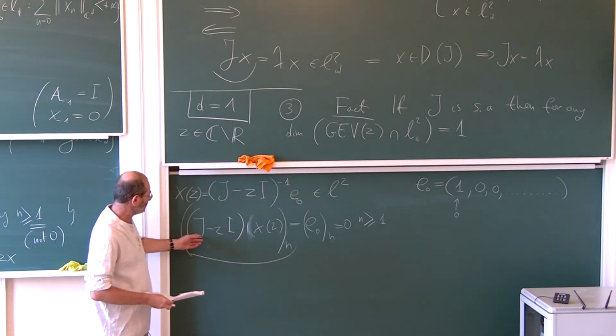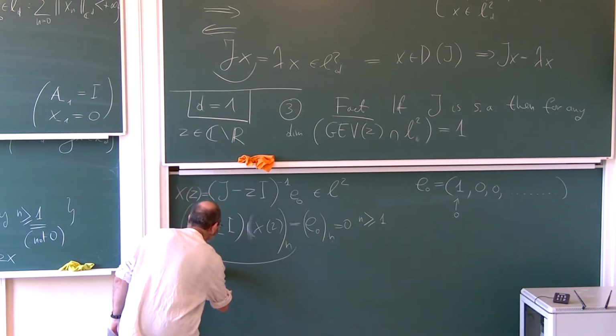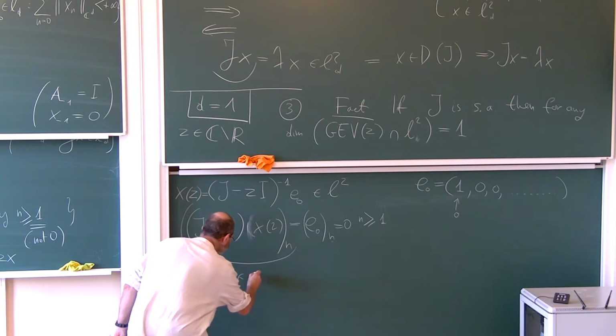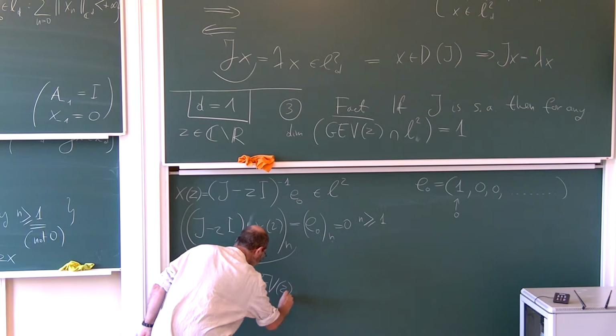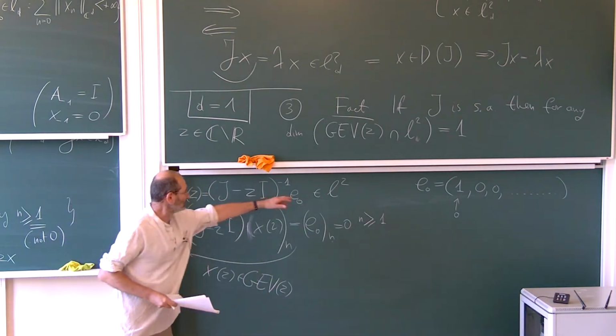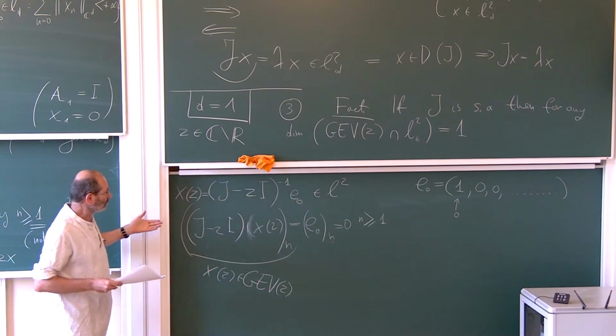It just means that X of Z belongs to the generalized eigenvectors for z, and it is in L2. And this is not 0, of course.